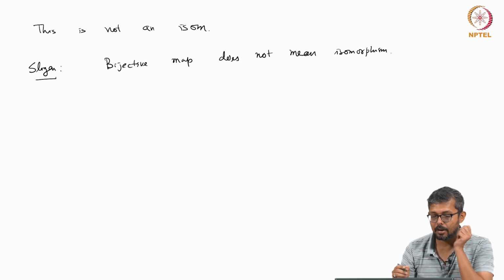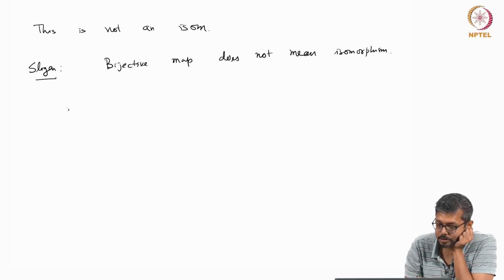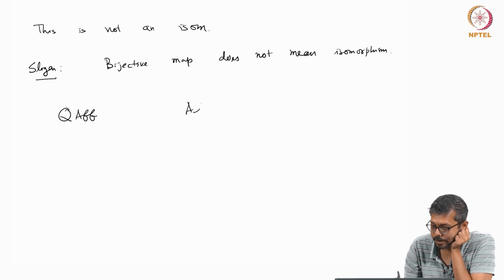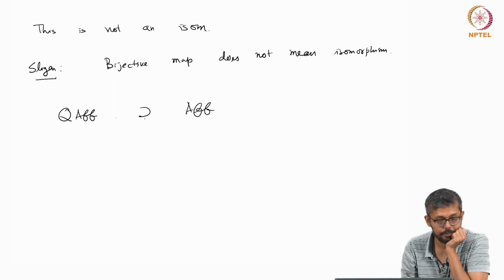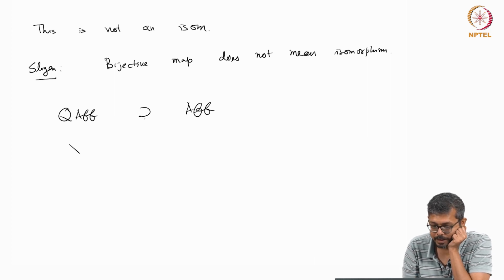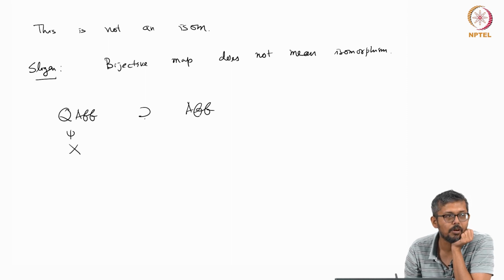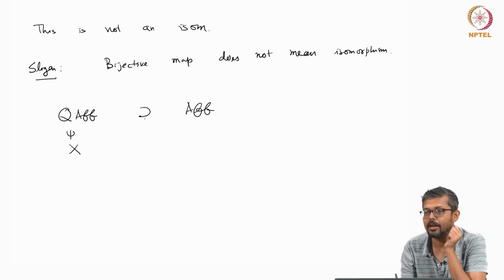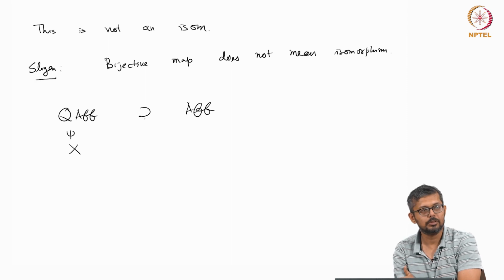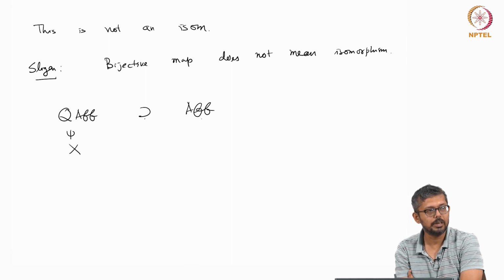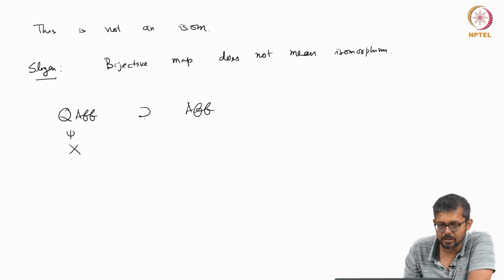So another difficulty is that quasi-affine and affine form a full subcategory. But if X is quasi-affine, whether X lies in affine or not, that's a challenge to see. But there are some quasi-affine varieties which are always affine varieties.